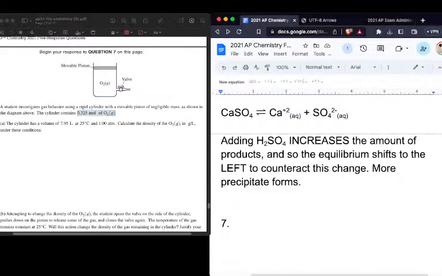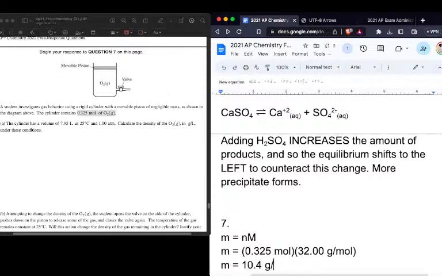So mass equals moles times molar mass. The number of moles is 0.325. The molar mass of oxygen is 32 grams per mole because there's two O's in each one. 0.325 times 32, 10.4 grams.